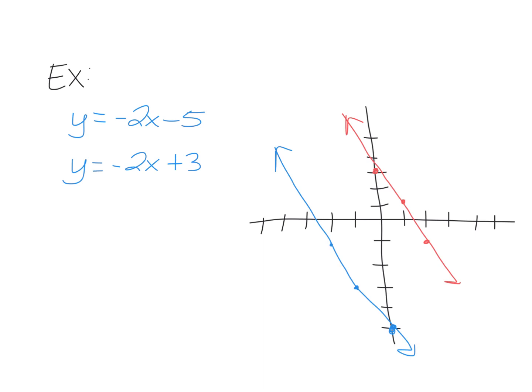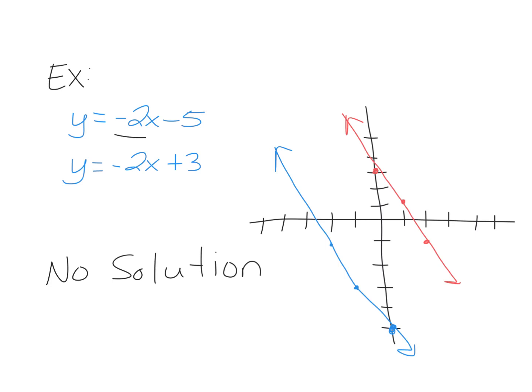Does your graph match mine? What do we notice about the graph? What does the graph tell us for our answer? Why is it no solution? They don't intersect at all. They're parallel, okay? Looking at the equations, what do we notice about the two equations?